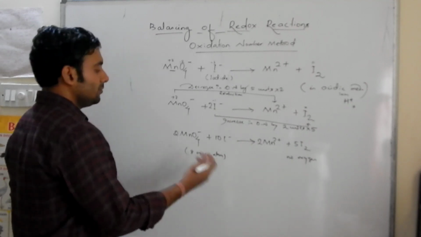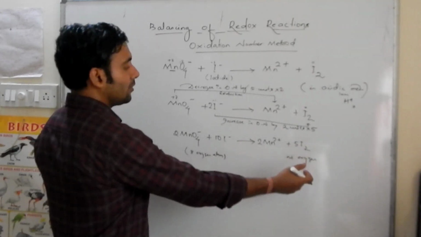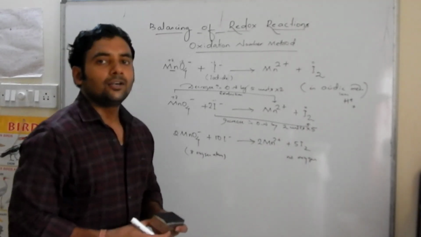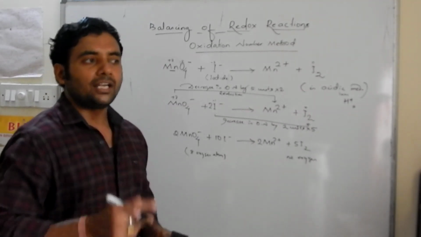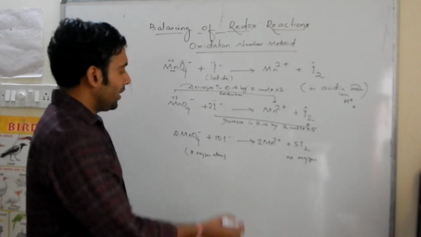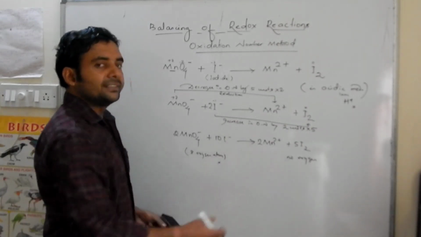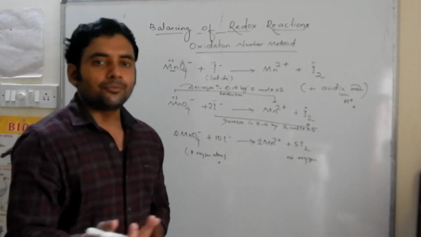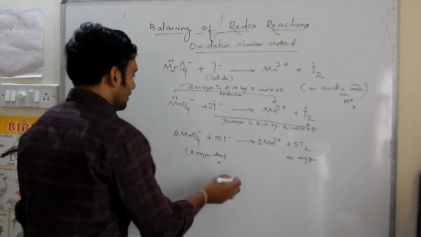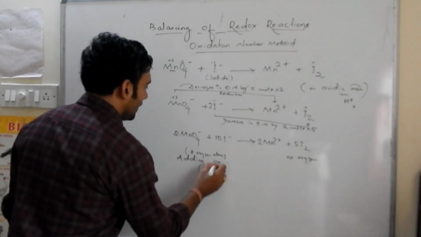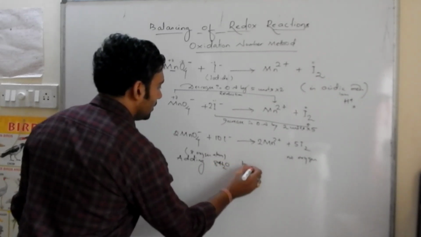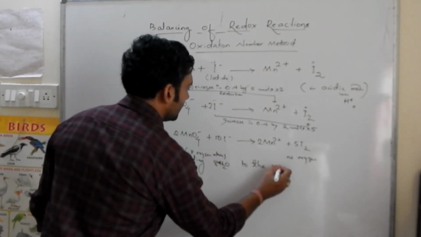As there is no oxygen on the right hand side, we have to add water molecules, because in one H2O there is one oxygen. We require 8 oxygen atoms for balancing, so we have to add 8 water molecules on the right hand side. So adding 8 H2O to the product side.